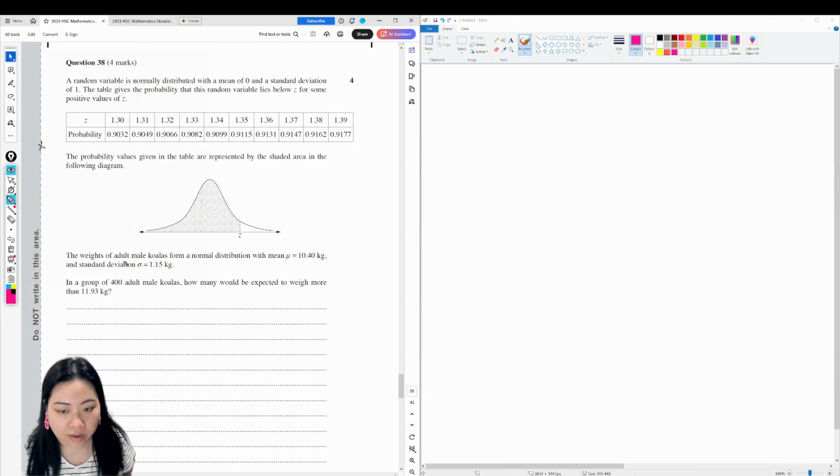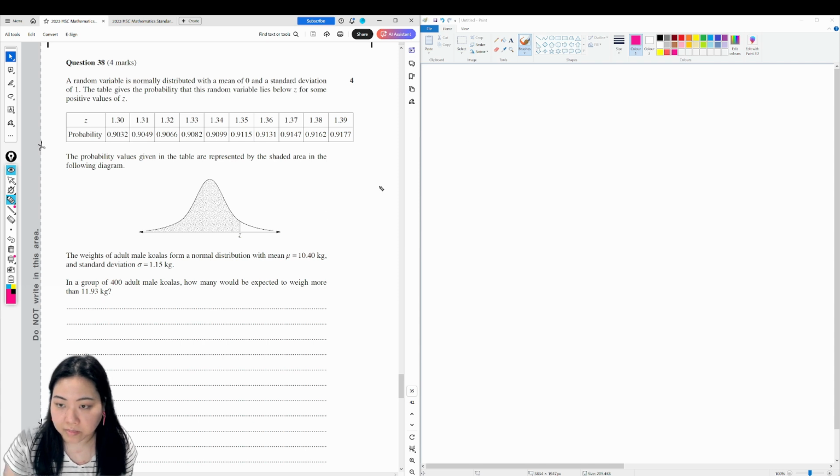The weights of adult male koalas form a normal distribution with a mean of 10.4 kilograms and a standard deviation of 1.15 kilograms. In a group of 400 adult male koalas, how many would be expected to weigh more than 11.93 kilograms?